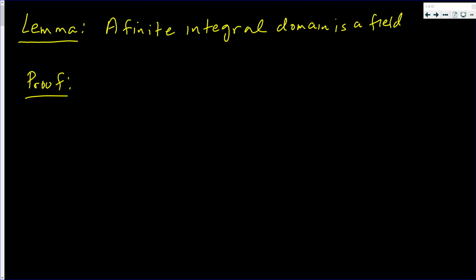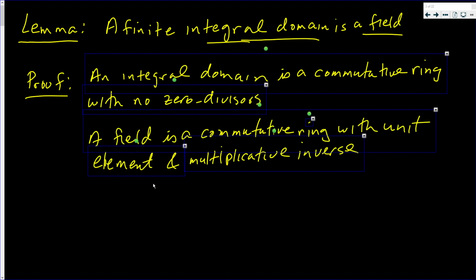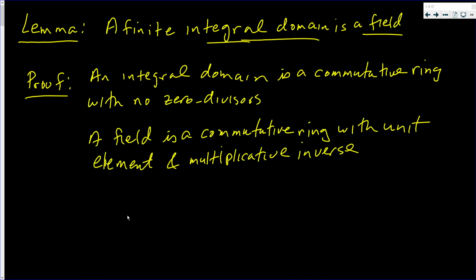Before we get into this, let's recall what an integral domain and a field are. Doesn't have to be finite. What are these objects? An integral domain is a commutative ring with no zero divisors.